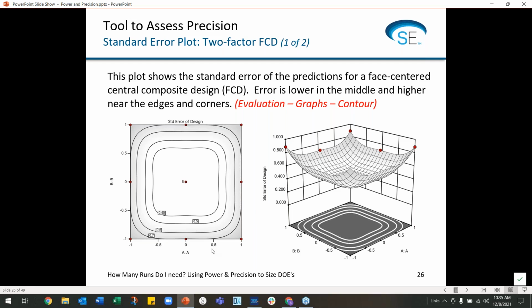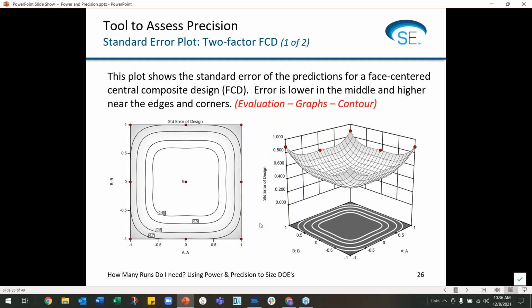This is easy to look at when you just have two factors. What if you have 3, 4, 5, 6 factors? Then you would have to look at the standard error graph in all those different dimensions. You would have to look at AB, AC, AD, BC, BD, and all those different dimensions. That just becomes cumbersome.